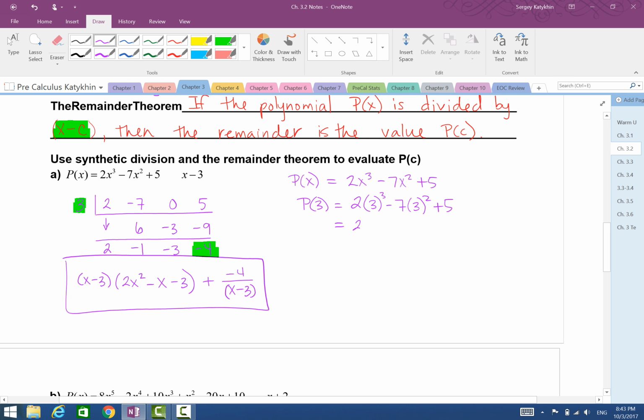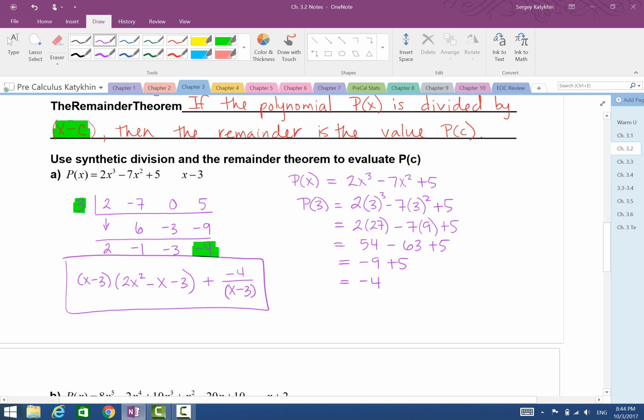Well, that gives us 2 times, 3 cubed is going to be 27, minus 7 times 3 squared, which is 9, plus 5. 2 times 27 is 54 minus 63 plus 5, and doing that gives us negative 9 plus 5, which is negative 4.